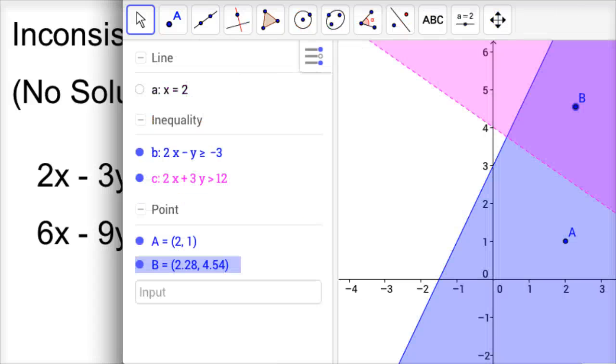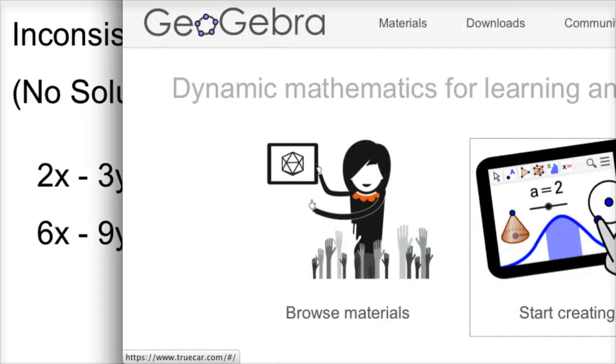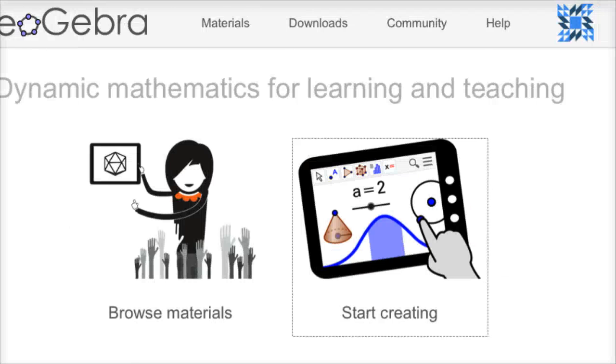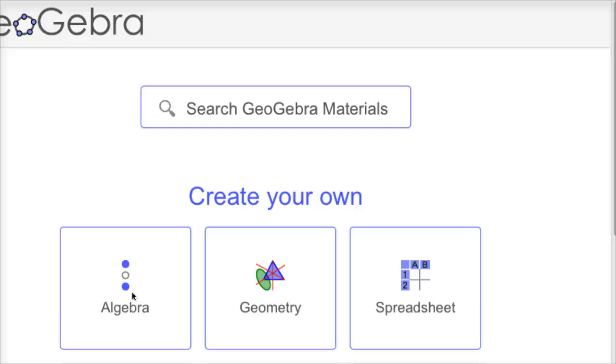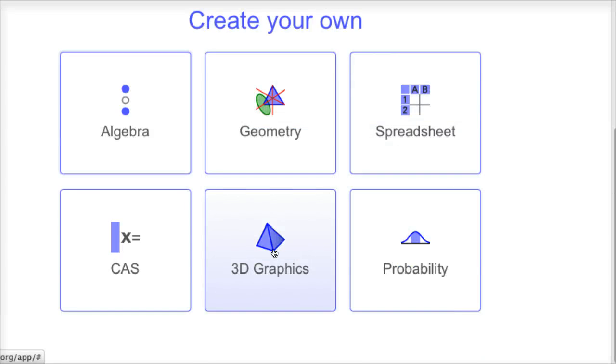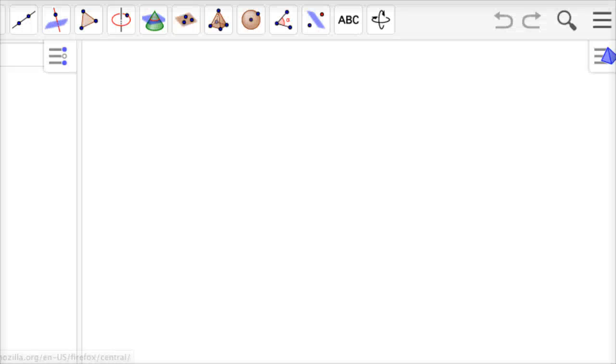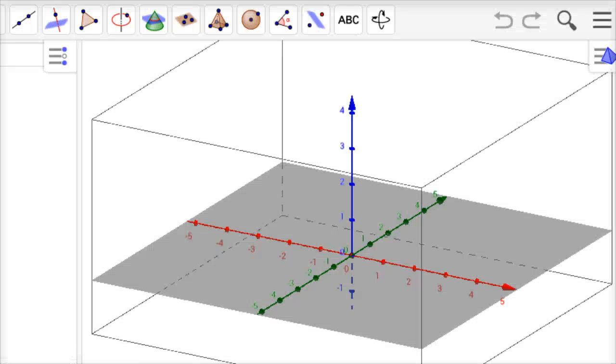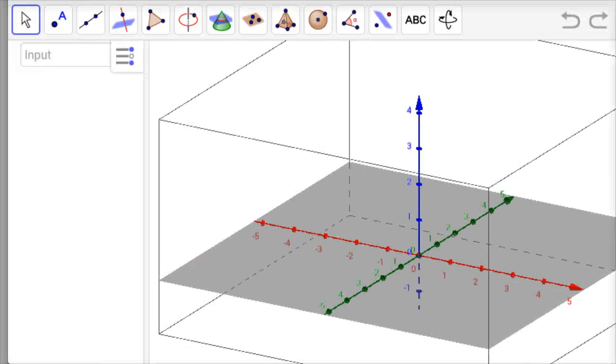So let me go back to start creating. I'll start one from scratch here, and we're going to go into the three-dimensional system. This is kind of neat to see. So we're going to graph a 2D and a 3D system so you can see what that looks like, just for something new.